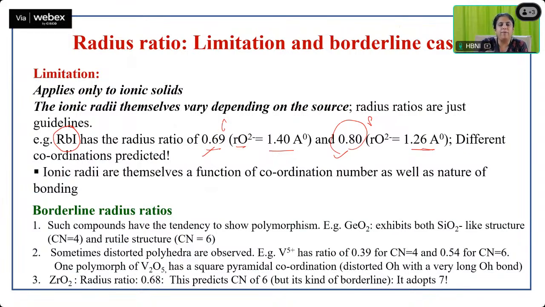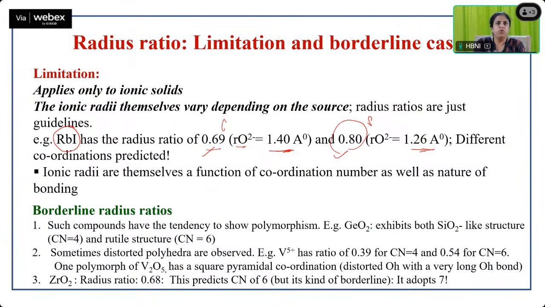So if I go by these two different experimentally determined values, by my theoretical guidelines I'm predicting different coordination numbers. Okay, so that's some of the aberrations that you are expected to come across, and that is how the guidelines work. They are not rigid, they are not strict, but they guide you towards a better understanding.